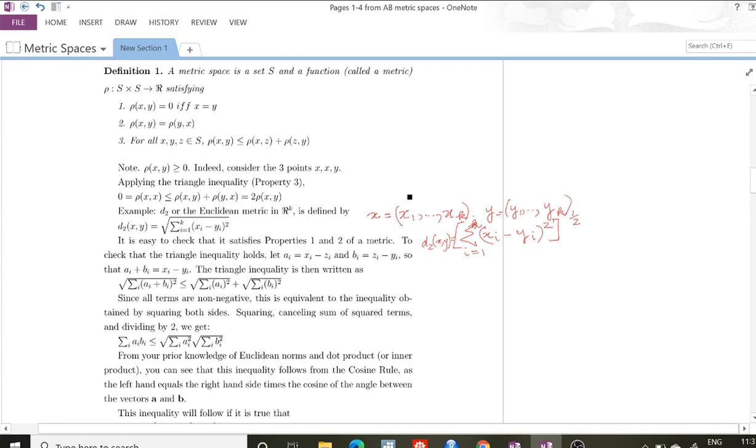So it will be non-negative. When we say square root here, we always mean the positive square root, okay? So it's non-negative, it's going to be identically equal to 0 if and only if every coordinate xi of point x is equal to every coordinate yi of point y. So if and only if they're really the same point, x is equal to y, right? X is identical to y.